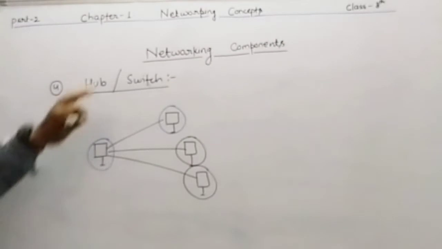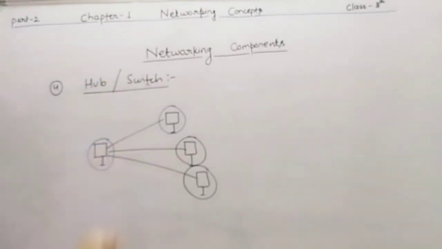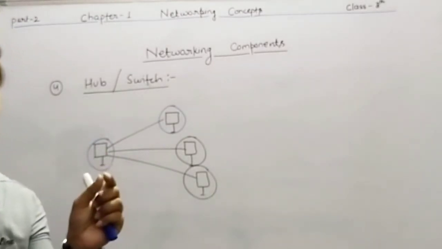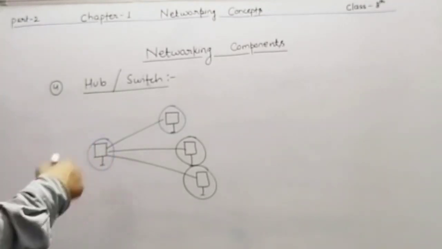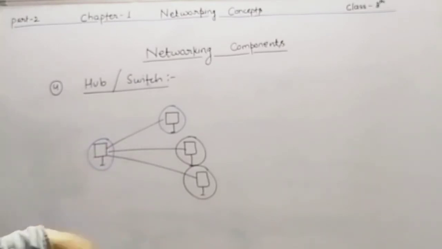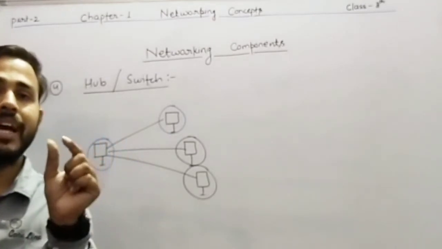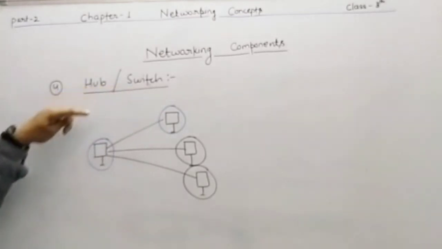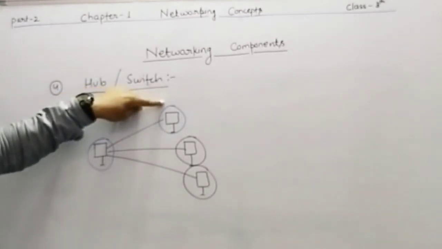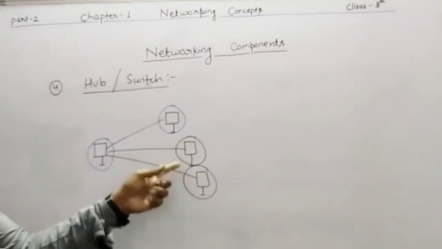But if we are using a switch, then while transmitting the data, we use the internet protocol address. Okay? So at the time of sending, we just enter the IP address of that particular port, and if we send the data to that port, then all the ports will not get the data.